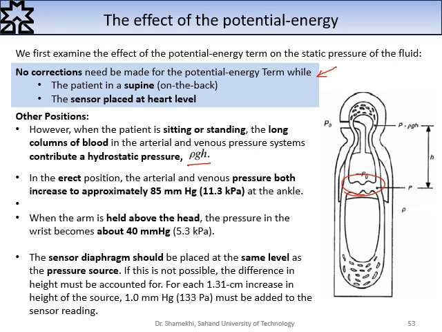The sensor diaphragm should be placed at the same level as the pressure source, the pressure reference, at the level of the heart. If this is not possible, the difference in height must be accounted for, and for each 1.31 centimeters increase in height of the source, 1 millimeter Hg must be added to the sensor reading.